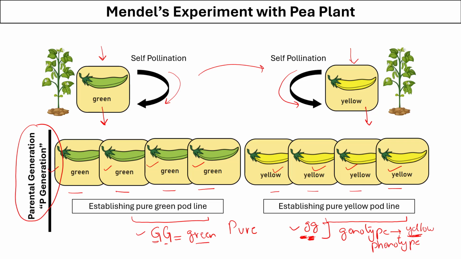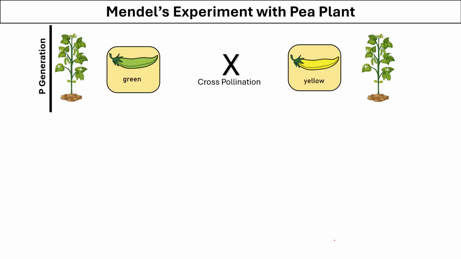So the letters that you're guessing ends up making the genotype. Okay, then he crossed these two parental lines. Now he's making the green pod color plant and yellow pod color plant to cross pollinate.